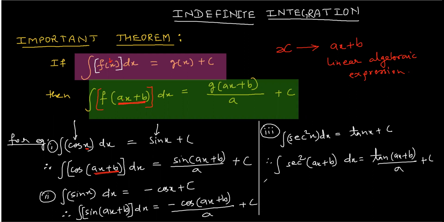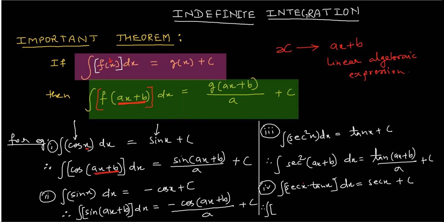Then the fourth we had was integration of sec of x tan of x dx. This function, integration of sec x tan x dx, is sec x plus c. Therefore, now see, once again, I will not change the function that I'm integrating. What was the function? It is sec of x tan of x. So here also it will be same. Only what I will do is, in the function, look at the variable part.